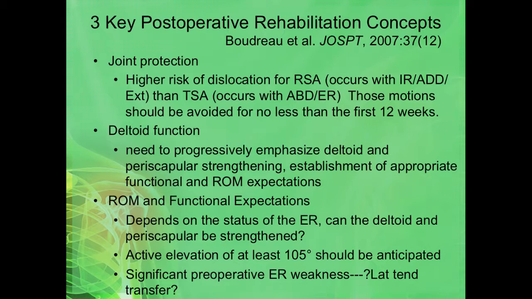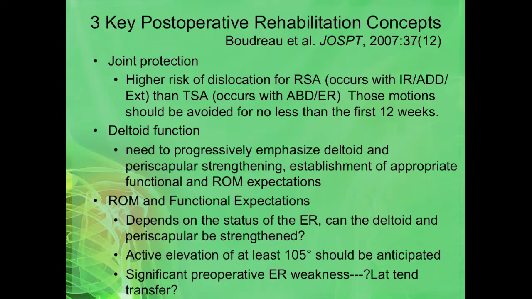Now, the deltoid function. You need to know the approach, meaning where did they begin the surgical procedure? Was it deltopectoral? Was it a superior approach? So we need to progressively emphasize deltoid and periscapular strengthening so as to establish appropriate and functional range of motion expectations.